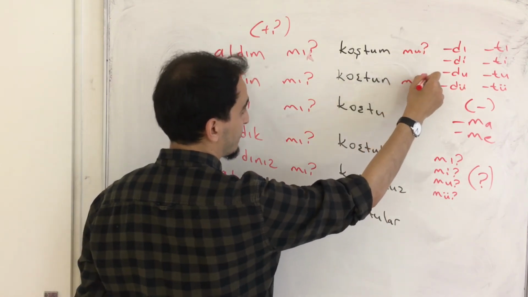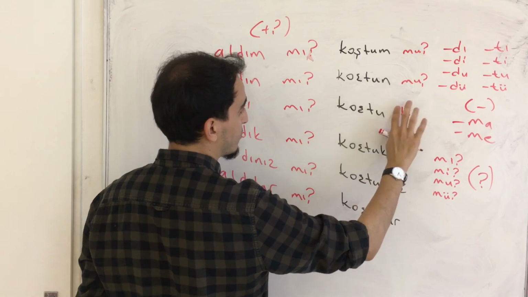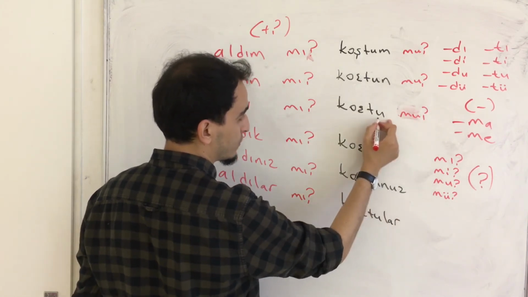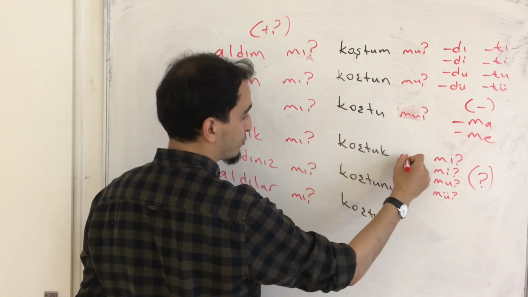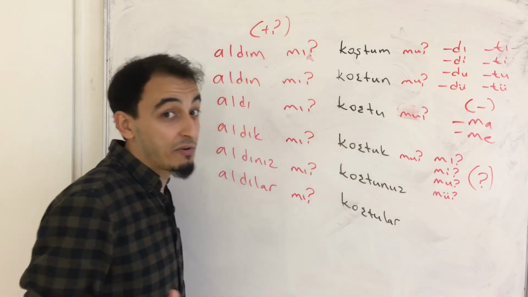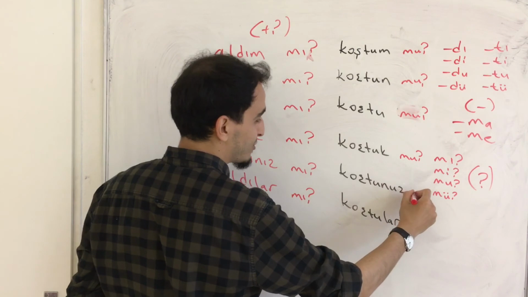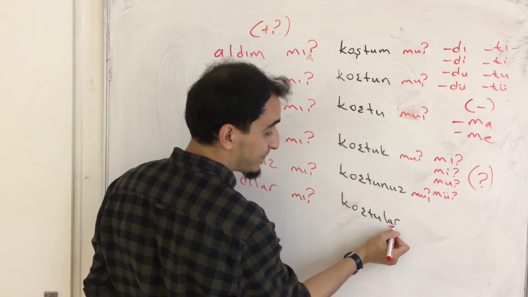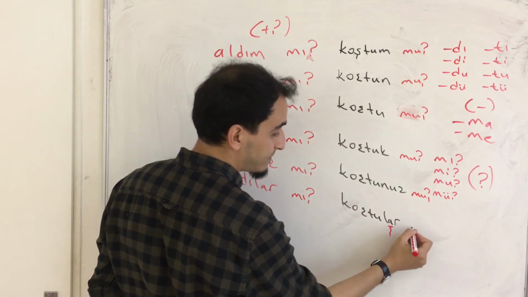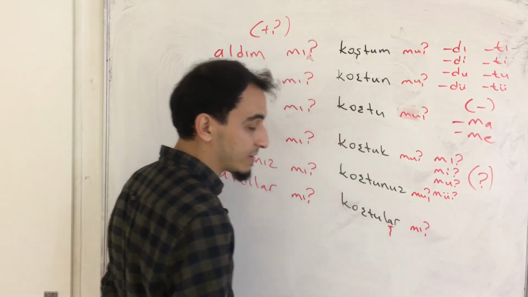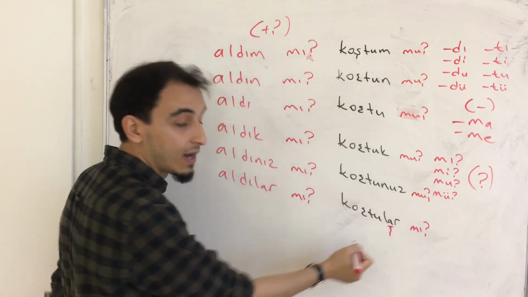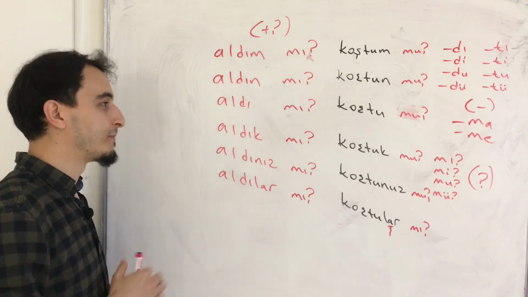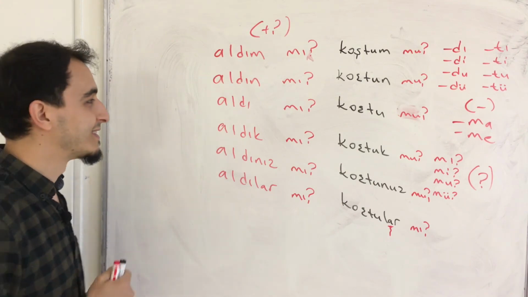Sen koştun mu? O koştu mu? Remember? Biz koştuk mu? Did we run? Siz koştunuz mu? Onlar koştular mı? Not mu because it ends in a, right? Tamam. It's this way. It's quite easy. Don't worry. You will love this.